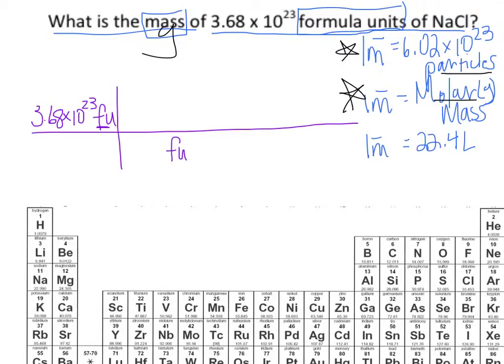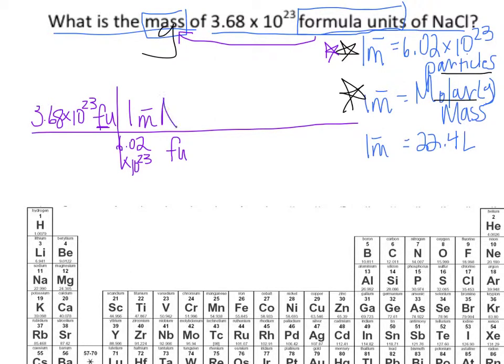Now, in order to convert from formula units to mass, you need to get to moles first. So we have the conversion factor right here that takes us from particles to moles. So this is 6.02 times 10 to the 23rd, and that is equal to 1 mole.